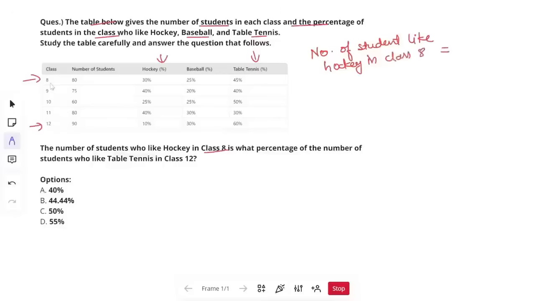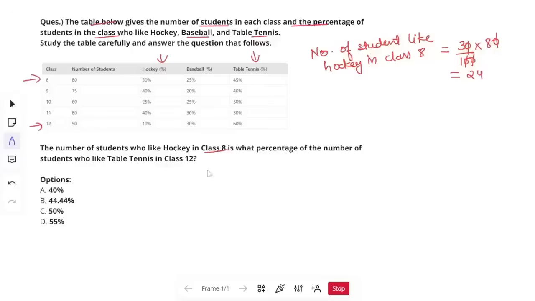If you see, class 8 is this and hockey is 30%. So 30% of 80 students like hockey. We can write 30% in this way, and of 80 will be this one. If we cancel out this 0 and this 0, 3 8s are 24. There are 24 students who like hockey and they are in class 8.